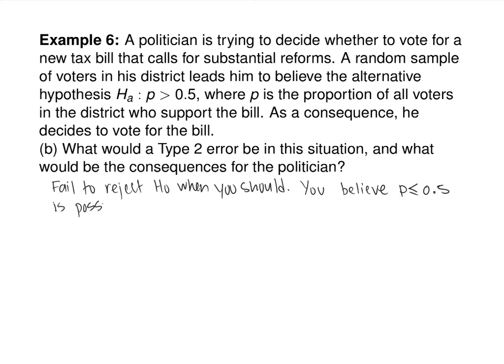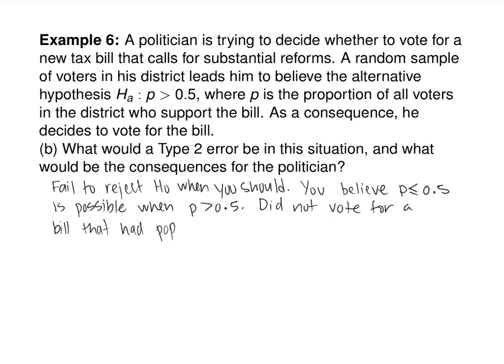You don't know for sure, but it's certainly possible, when it's not, so when p is bigger than 0.5. And what this means here is that you did not vote for a bill that had popular support.